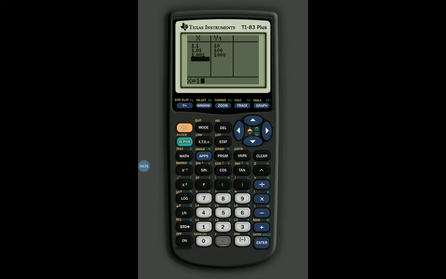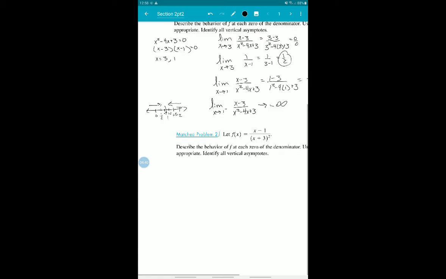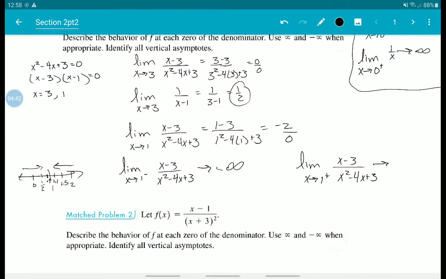You can see how these numbers are getting much, much bigger the closer I get to 1. And that's not quite at 1, but the closer I get to 1, the bigger those y values are getting. So this side is heading towards positive infinity.